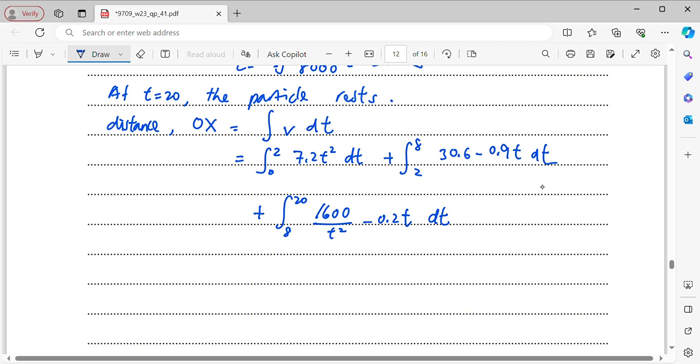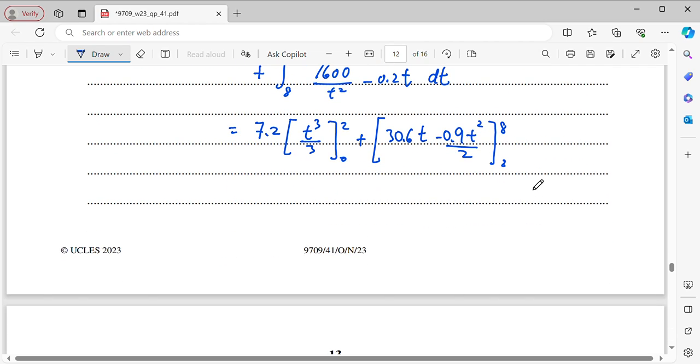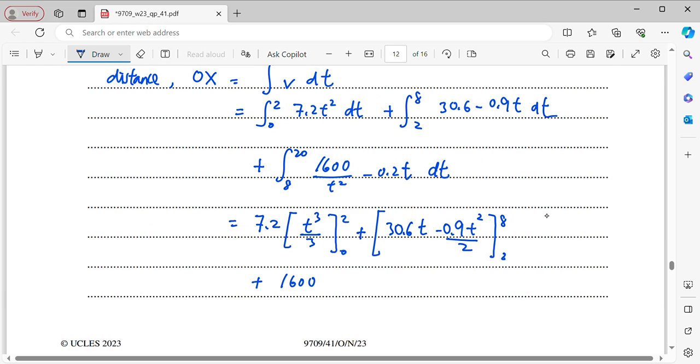Now when you do integration, the first one is 7.2. Integrate t squared, you will get t cubed over 3, with limits 0 to 2. Plus, the next integration is 30.6t minus 0.9t squared over 2 from 2 to 8. And lastly, plus 1600 times t to the power negative 2.